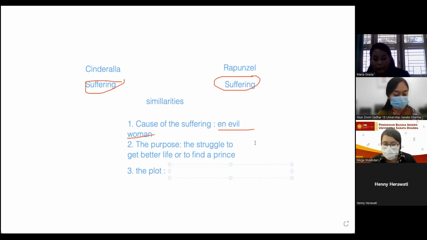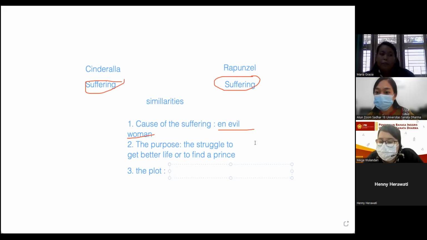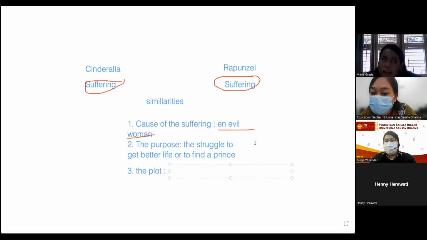So the similarity is that Cinderella and Rapunzel stories have some characters, types, and themes. Go back to that. Okay, thank you.